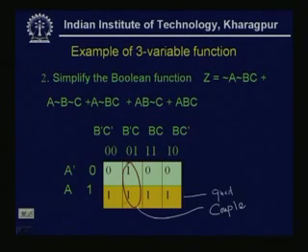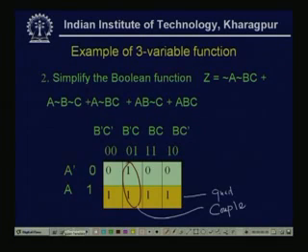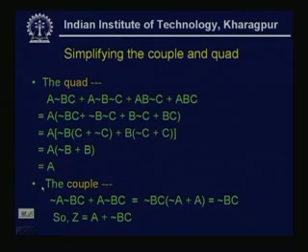Now, from the couple, because it is the second column, A bar and A will nullify. So, only the column, that means the min term B bar C, will be the term for the couple. And now, we see if we reduce that, whether it comes or not.